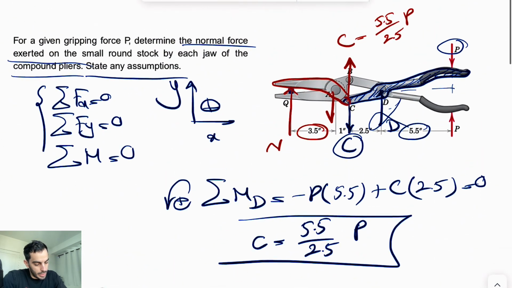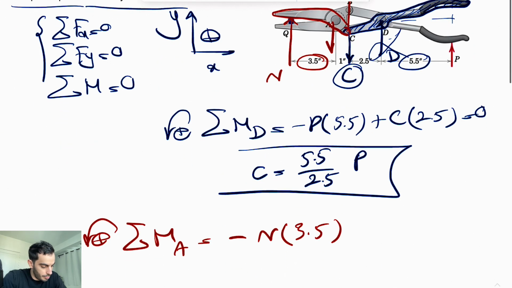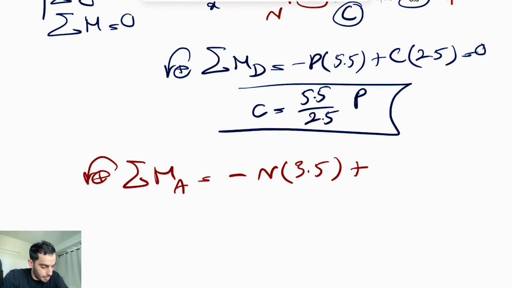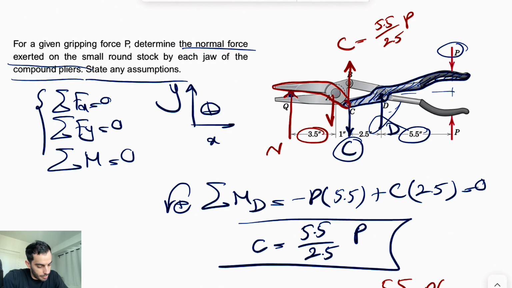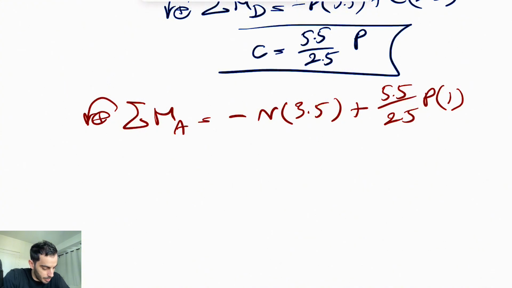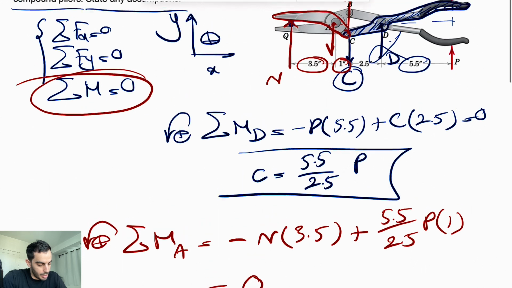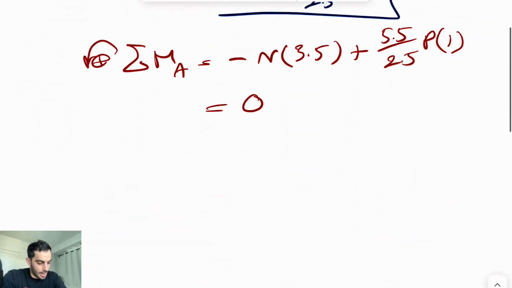And the moment of C about A is counterclockwise, so positive. We put in the value of C that we found in the previous step, and the distance is the vertical distance from A to the line of action of C, which is 1. This equals 0, again because of our equilibrium assumption. That gives us the relationship between N and P.